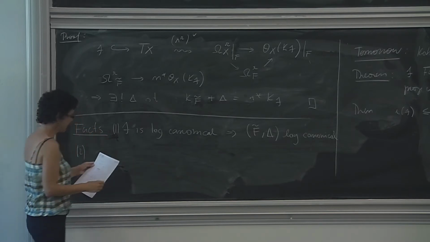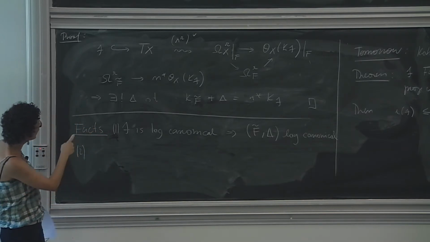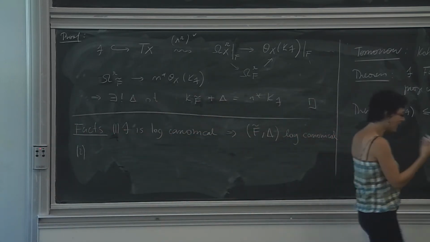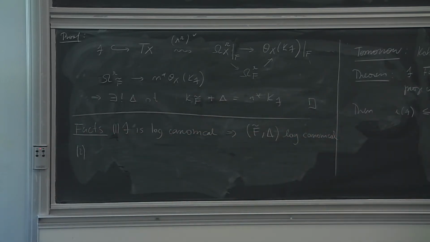And also, let me tell you something about this delta. This delta consists exactly of the points that are in the closure of an infinite number of leaves.